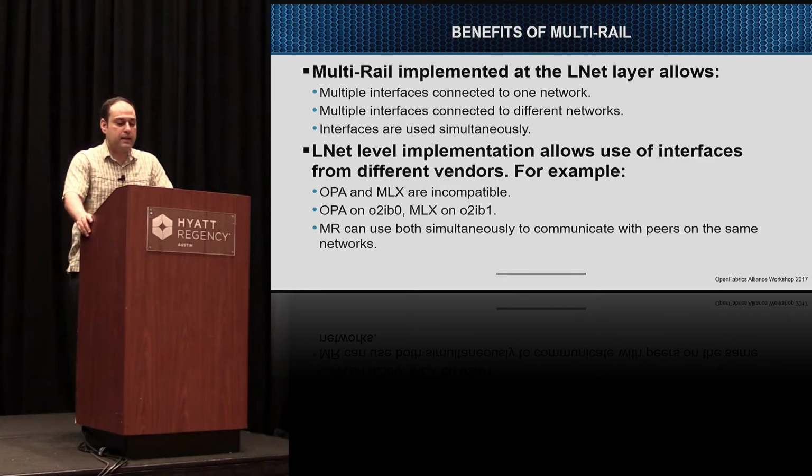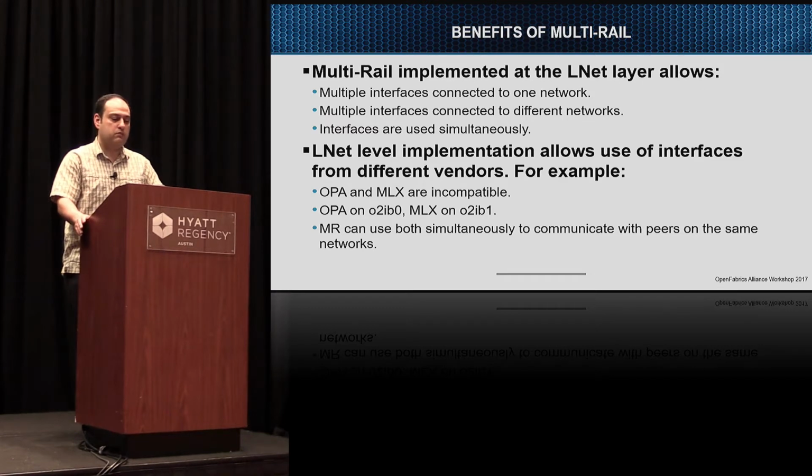So implementing it at the LNet layer gave us a few advantages. First, we were able to connect multiple interfaces to one network. We were able to connect, obviously, multiple interfaces to different networks, and we're able to use all those interfaces simultaneously. We don't have to stick to only one interface or one network.